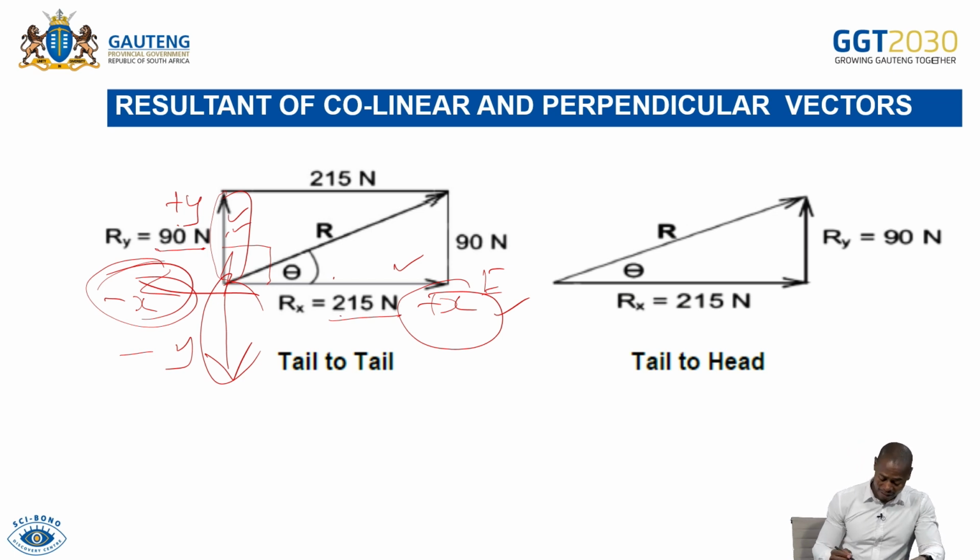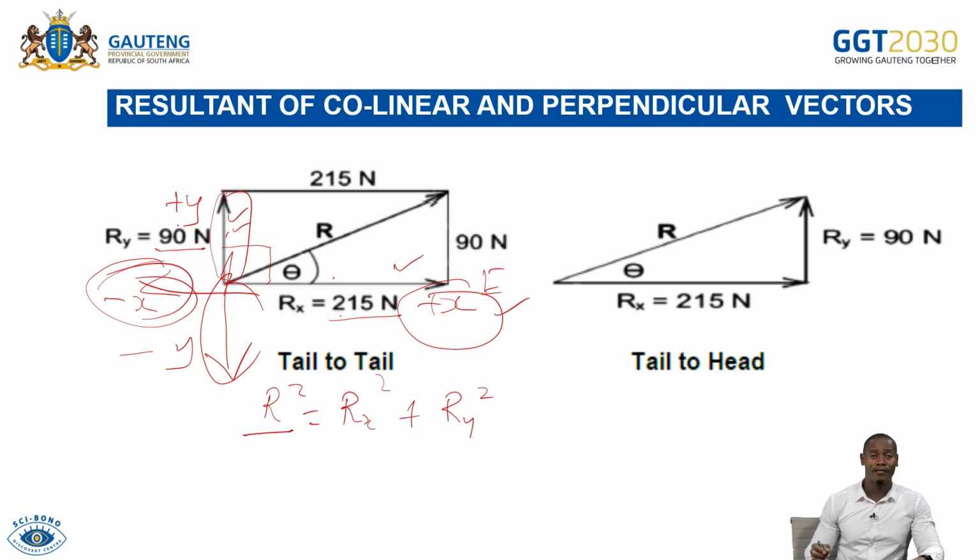By calculations, we use Pythagoras theorem. So in this case, your resultant squared equals your Rx squared plus your Ry squared. The resultant of perpendicular forces will be Rx squared plus Ry squared. That is the Pythagoras theorem. Okay?